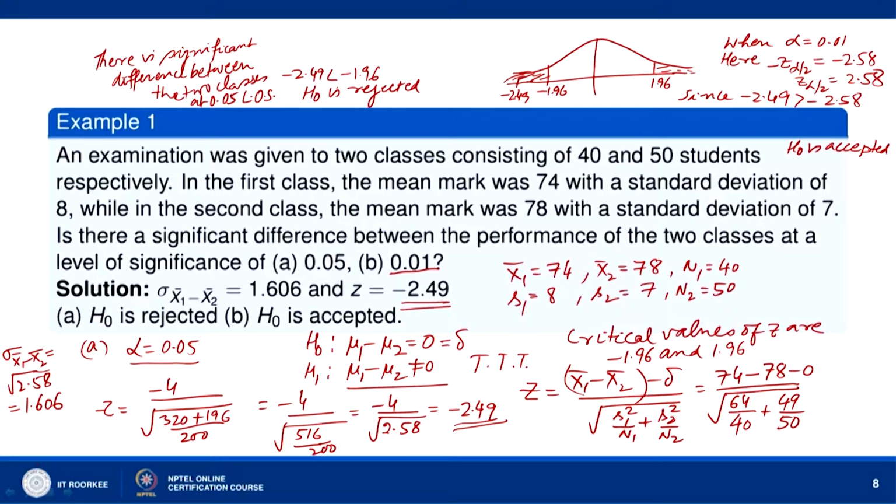Which means that at 0.01 level of significance, we can say that there is no significant difference between the two classes at alpha equal to 0.01.